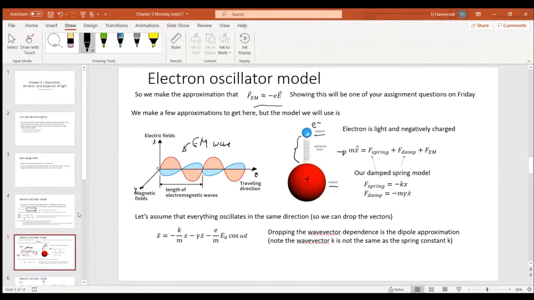So we have this spring model. The force of the spring is negative kx, where k is the spring constant. And of course, that force is going to be proportional to the distance from equilibrium. And we have this damping force, which, as I said, is just some phenomenological thing, and we're just going to call that gamma.